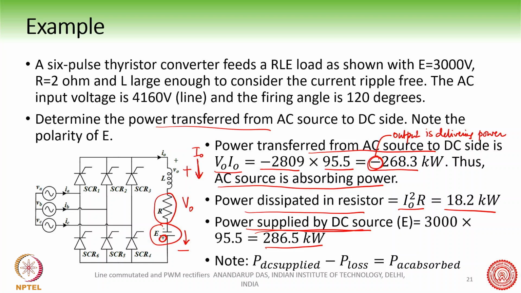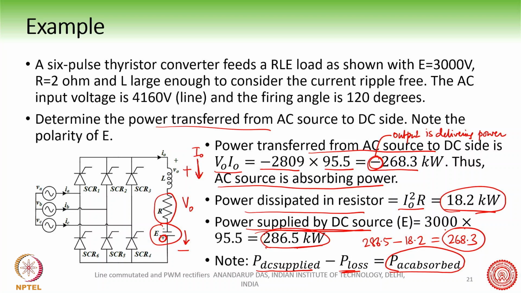Now note that the power supplied by the DC source is 286.5, and if you subtract the loss of 18.2, that is the power being sent back to the AC side. You can see here 286.5 minus 18.2 comes out to be 268.3.